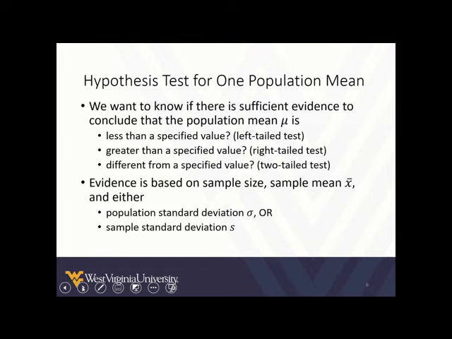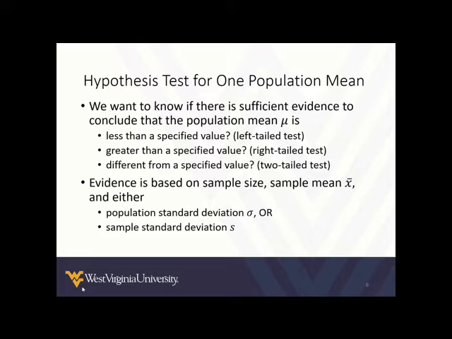So reviewing our hypothesis test for one population mean, first we want to know if there is sufficient evidence to conclude that the population mean is either less than, greater than, or different than some specified value. Those terms, less than, greater than, or different, help us outline whether we are performing a left-tailed test, right-tailed test, or a two-tailed test.